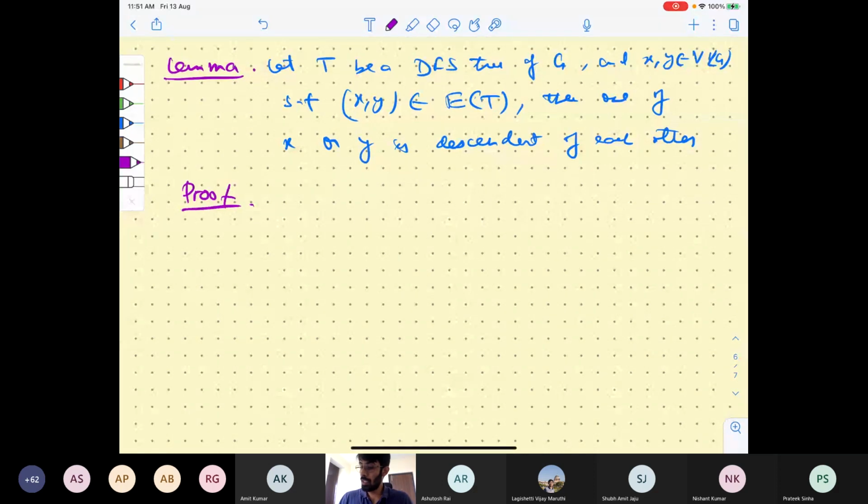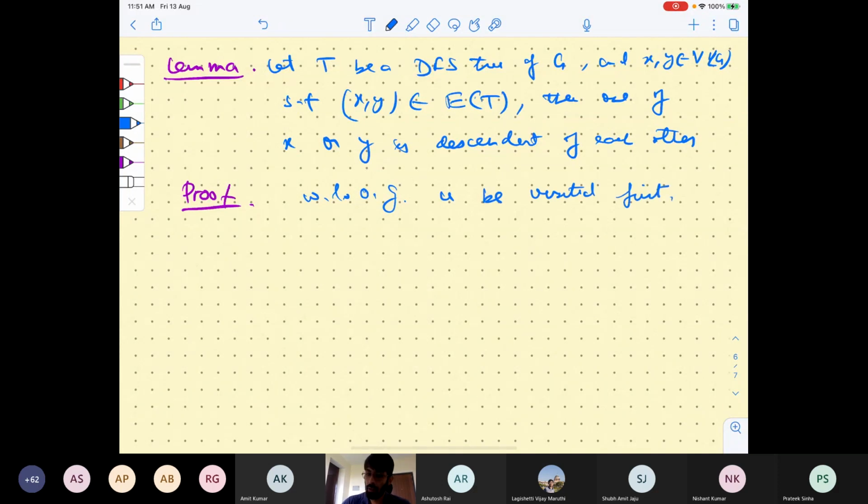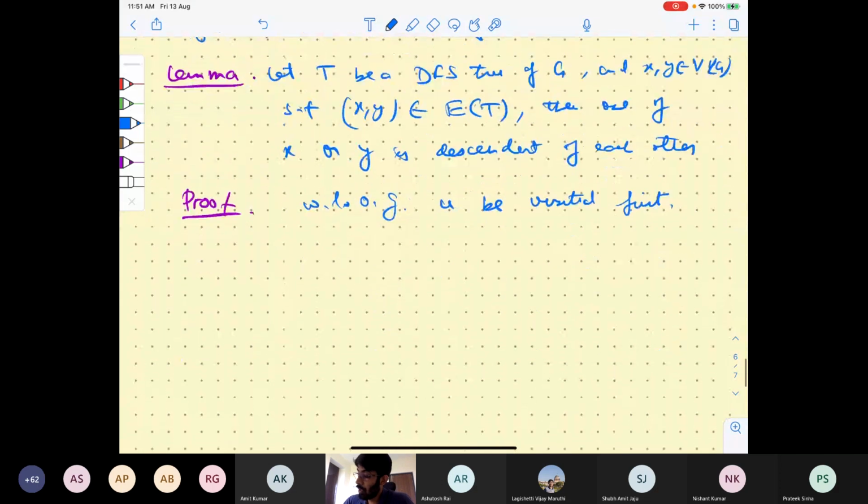So the proof is, without loss of generality, let's say x is visited first, not u. x is visited first. So xy is not explored, because otherwise y would be visited.